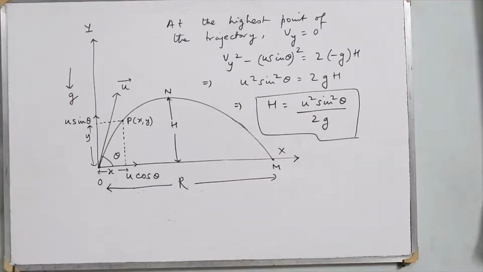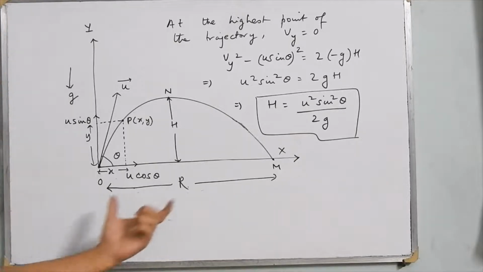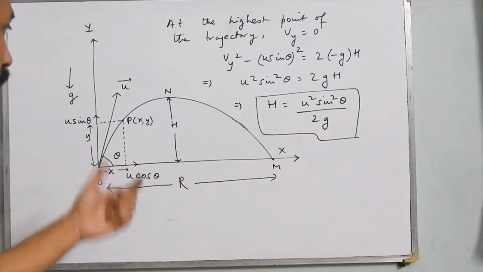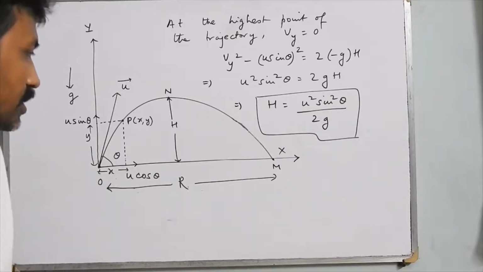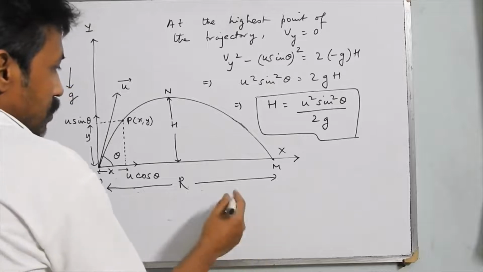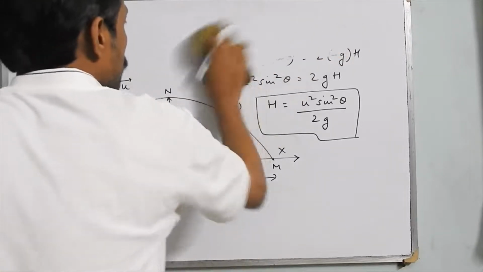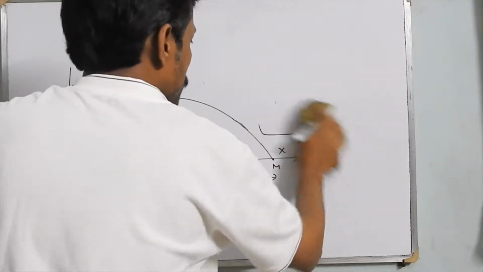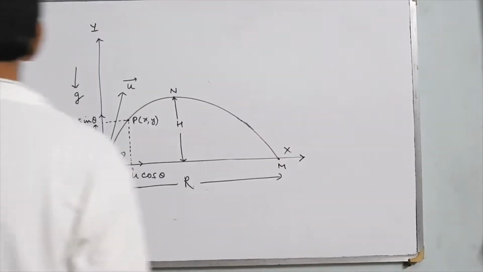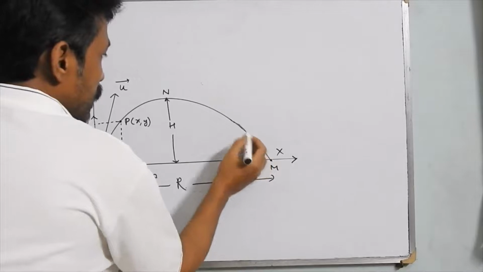Now we have to calculate the horizontal range. For this, we consider the horizontal motion of the projectile. Along the horizontal there is no force, so the motion is purely uniform. After it has covered distance r along the horizontal, it has reached the ground.